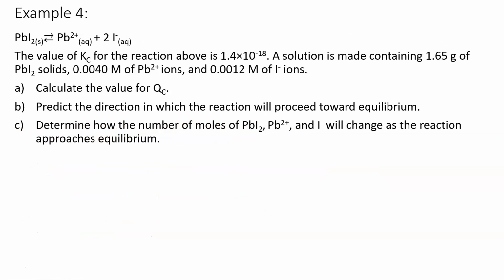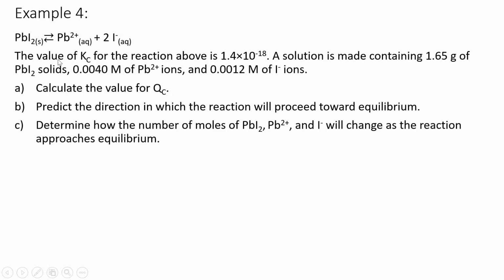Let's do another example. This one is with KC and QC. We've got PbI2 as a solid, Pb2 plus aqueous, and then 2I minus aqueous ions. What we're doing here is dissolving an insoluble or mostly insoluble salt in water, and it's breaking apart into its respective ions.